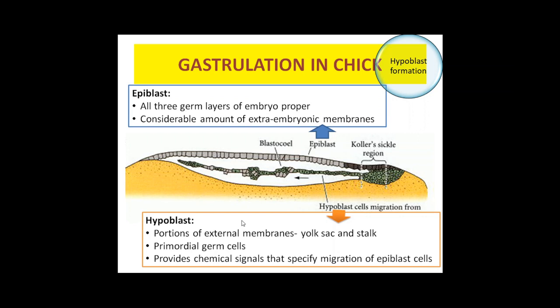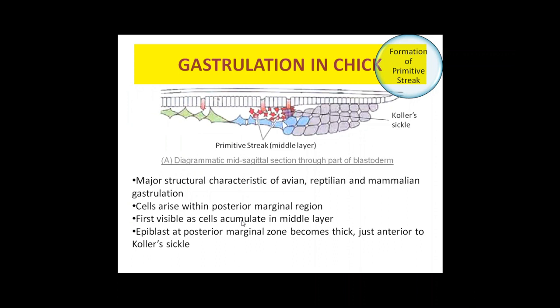After hypoblast formation, the next main step is the formation of primitive streak. Primitive streak is the major structural characteristic of avian, reptilian, and mammalian gastrulation.